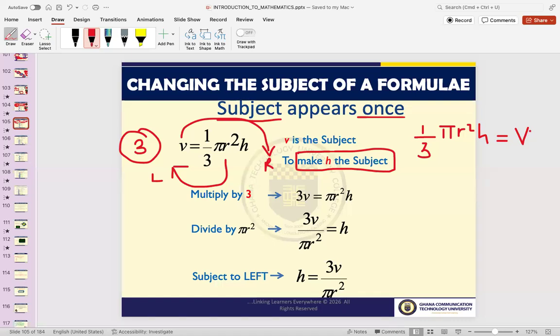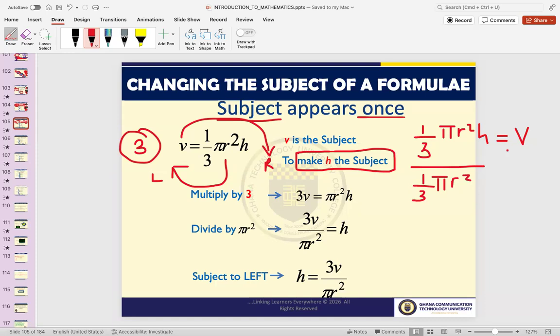We need h to stand alone, so all these things here will have to go. So how do we do that? We divide every side by what you are seeing here, 1/3 pi r squared.